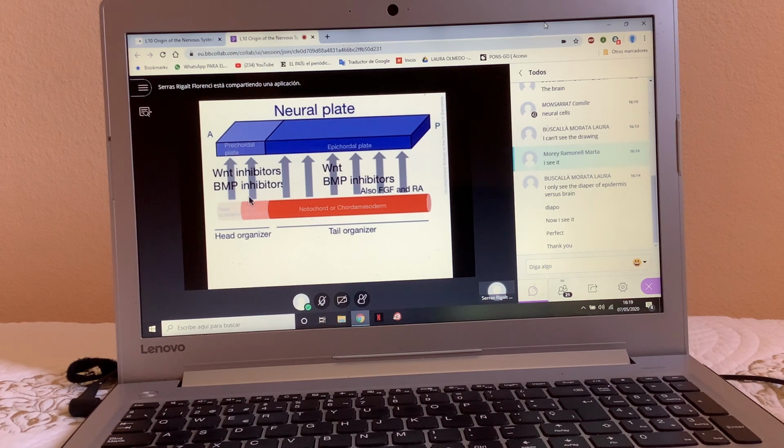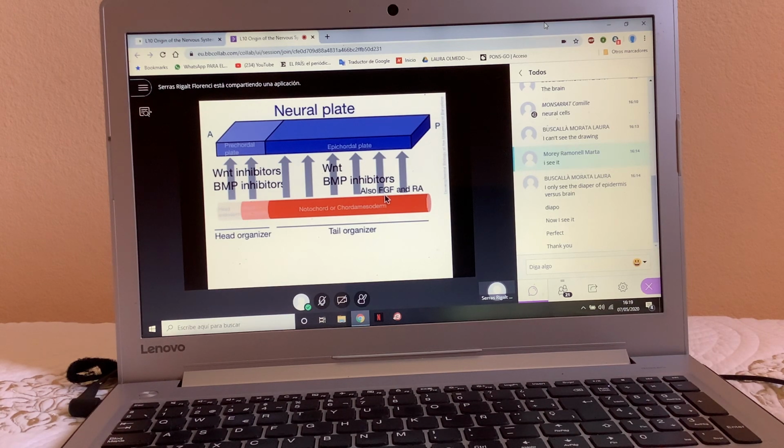Those are sending inhibitors of BMP and inhibitors of Wnt, and the cells of the notochord are sending inhibitors of BMP, but there is also some Wnt in later stages that is produced here in order to determine the posterior part of the brain. There is also some retinoic acid and some low levels of FGF acting here. I mean, the story is a little bit organized.